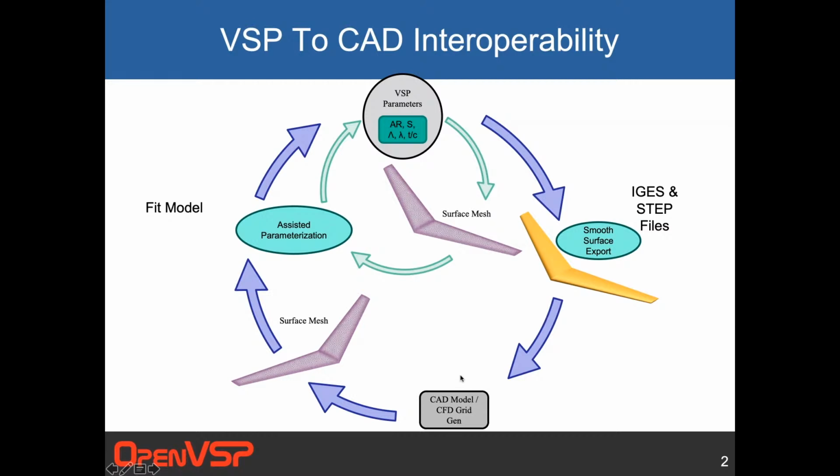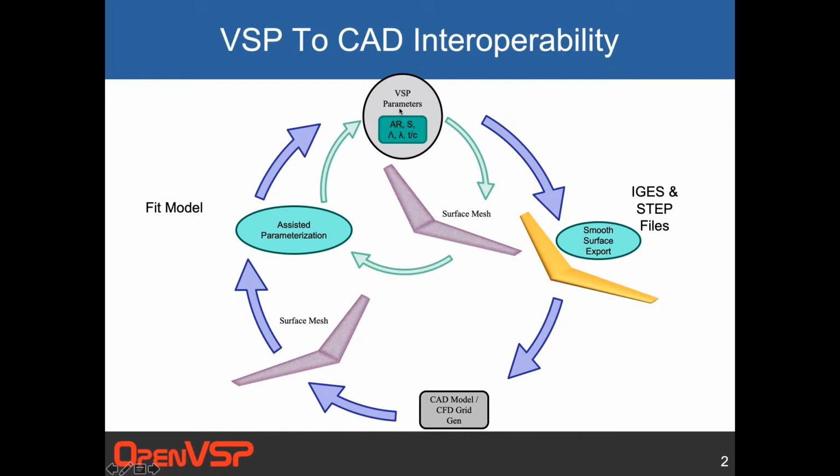You could bring that existing model of that airplane into VSP, do an assisted parameterization, a fit model to it, and now you have the baseline, and now you can use VSP to do a parametric study for that re-winging that you're looking at.